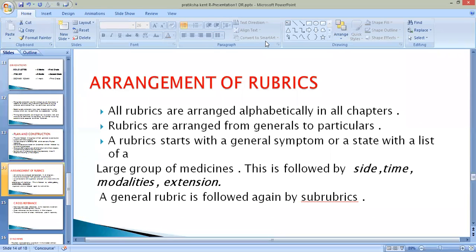So in this way, there is a specific arrangement of rubrics, so that we can easily find out the rubrics or symptoms with the help of Kent repertory, and easily we can reach towards the simile.